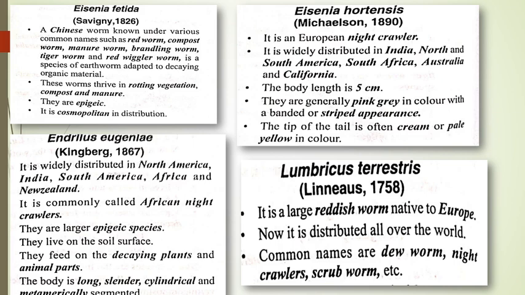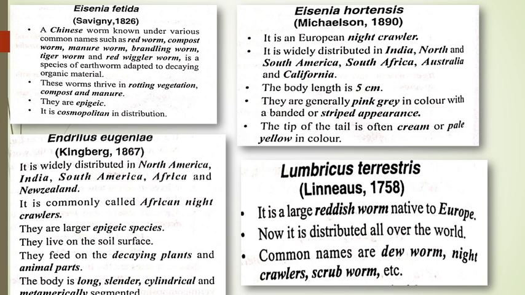So here are certain exotic species. First is Eisenia fetida, which was described by Savigny in 1826. It belongs to China. This Chinese worm is known under various common names such as red worm, compost worm, manure worm, brandling worm, tiger worm, and red wiggler worm.